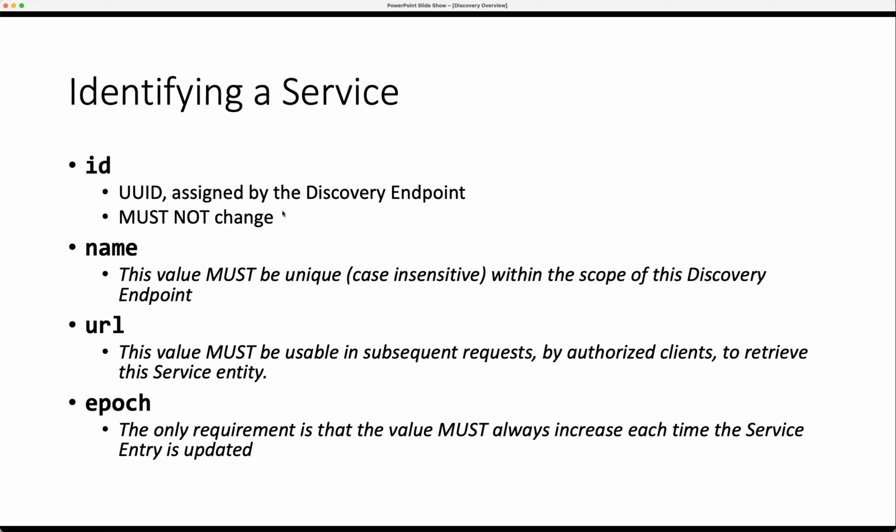Okay, so let's start again with identifying a service. There have been a lot of discussions around this, and so far we have this ID of a service that is required to be a UUID, and it's assigned by the discovery endpoint when this service is created on that endpoint.